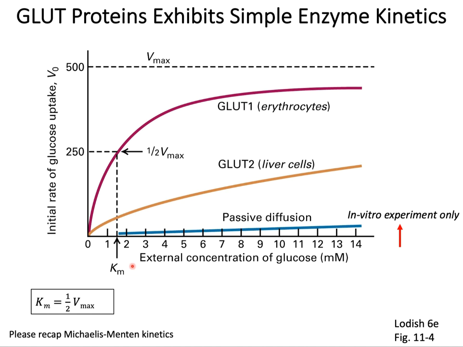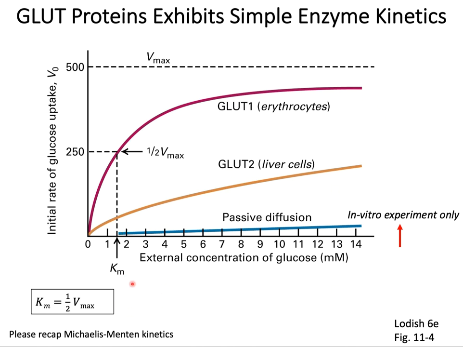The Km, the concentration at which the rate of glucose uptake is half maximal, depends on the affinity of the transporter for the transported molecule. For say GLUT2, the Km would be like 20 millimolar, which has a much lower affinity for glucose than GLUT1, with a Km of 1.5 millimolar, half the Vmax.